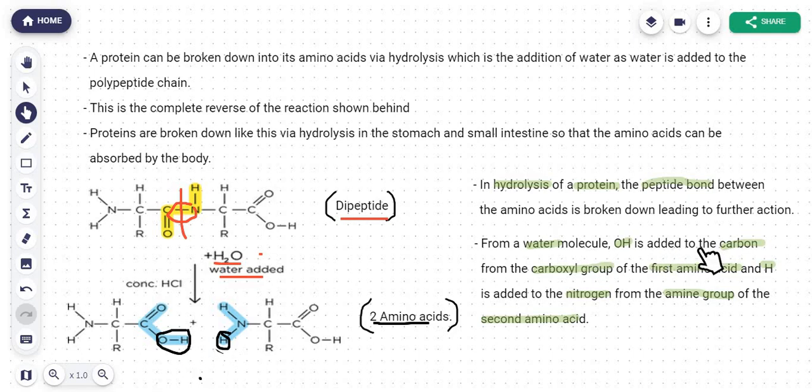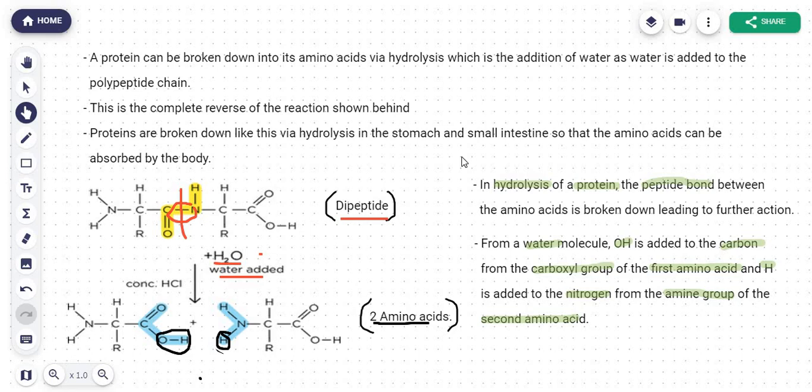So OH is added to the carbon from the carboxylic group of the first amino acid, and H, which is right here, is added to the nitrogen, which is right here, of the amine group. This whole thing in blue is the amine group of the second amino acid.